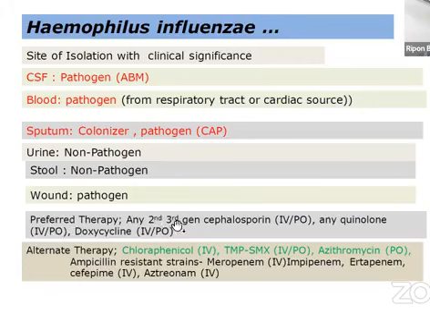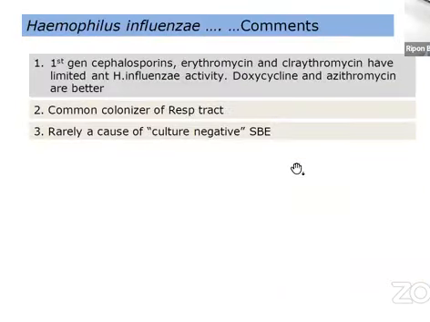Here, any second, third generation cephalosporin, any quinolones, doxycycline are preferred therapy. Alternative therapy, chloramphenicol, trimethoprim-sulfamethoxazole combination, azithromycin. So they are really a cause of culture negative bacterial endocarditis. So we should be careful during blood culture for the diagnosis of bacterial endocarditis.